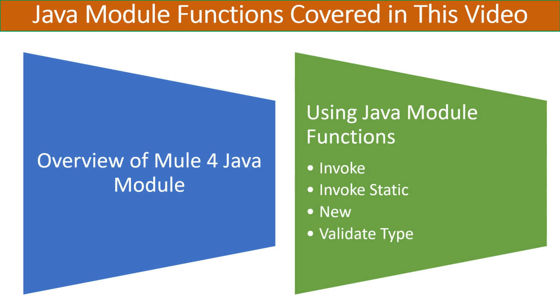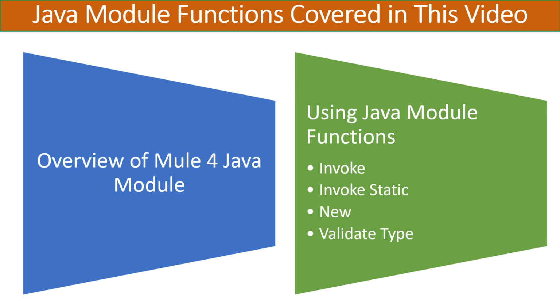This Java module provides you a bunch of functions which you can use to invoke custom Java code, and it becomes quite useful if you want to hook up some of the custom Java code that you have written already, or if you have a separate Java team which is implementing some Java code in the Java classes, then you can easily get that embedded or integrated into your message flow together with the other message processors or other activities that you have in your flow.